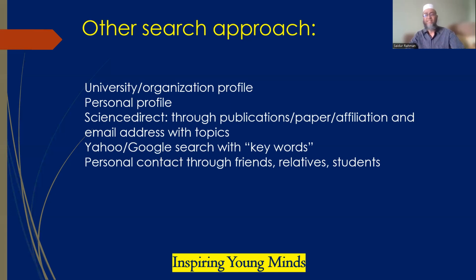Also, as you know, ScienceDirect and IEEE Access are top publishers and top publication platforms. Almost 80% of the papers you can find in ScienceDirect. When you search in ScienceDirect, for any paper or topic, you will find a lot of other things also: affiliation address, email address, the whole paper content, topics.